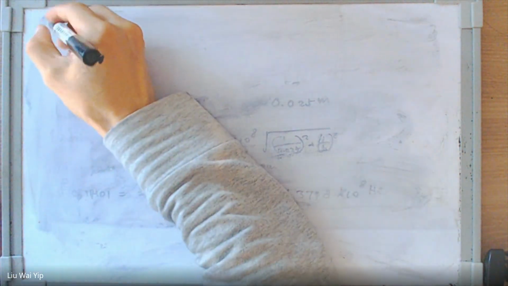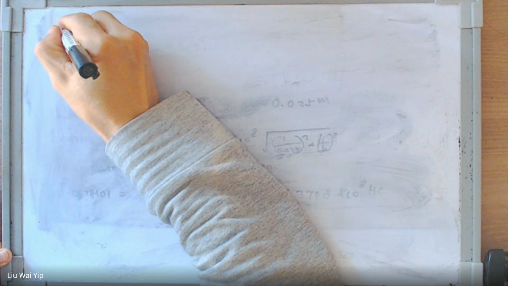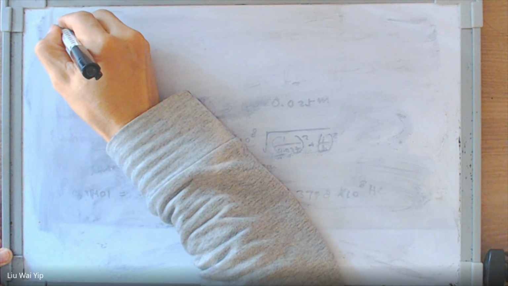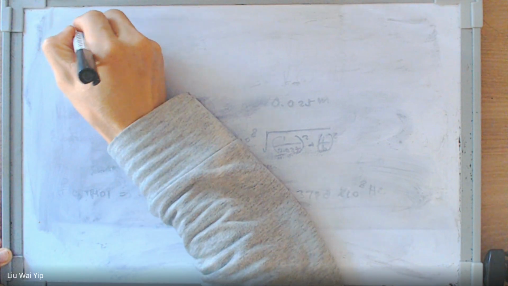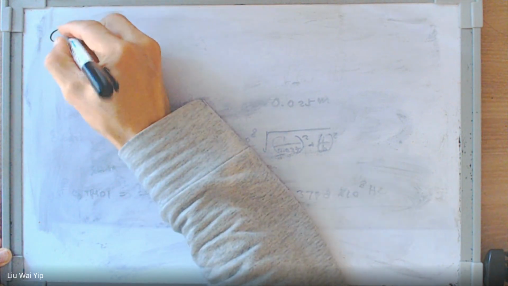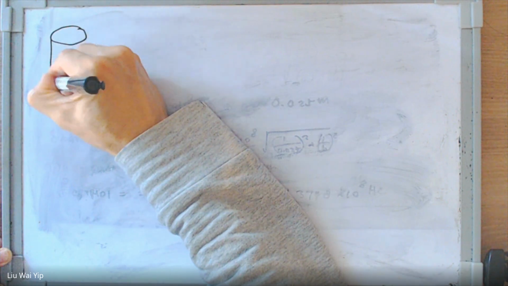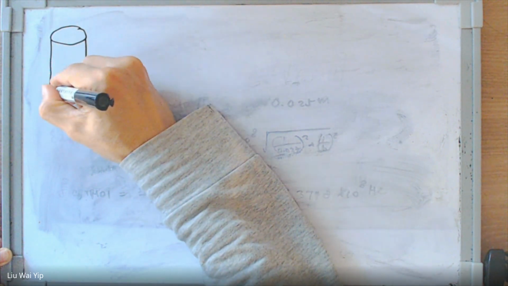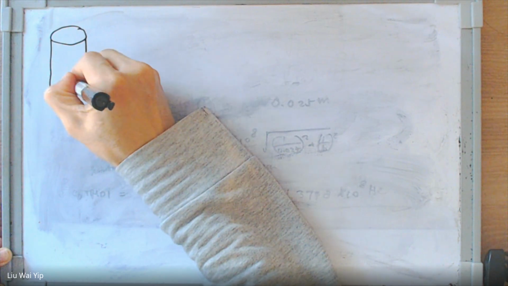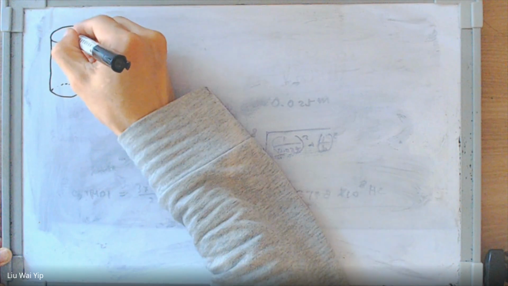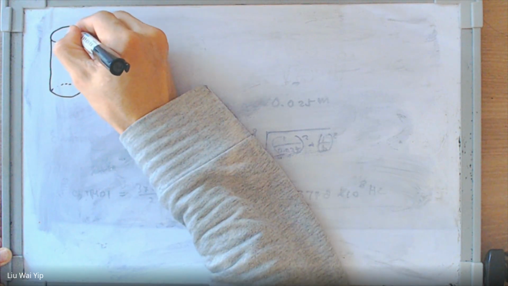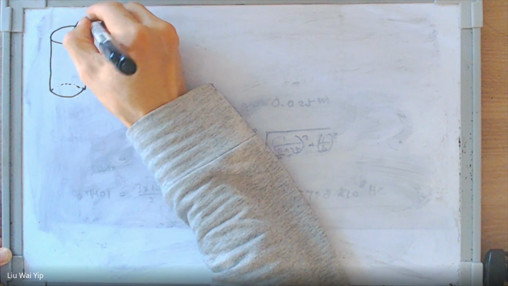For a circular waveguide, you don't have x or y parameters, but you have a radius. For example, this is the circular waveguide. You've got a radius here, and the total radius is a.